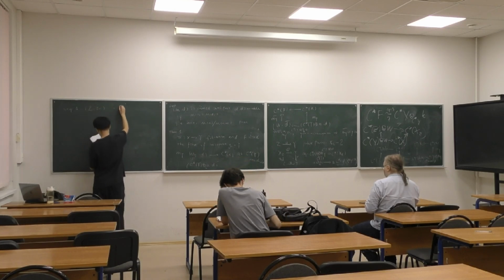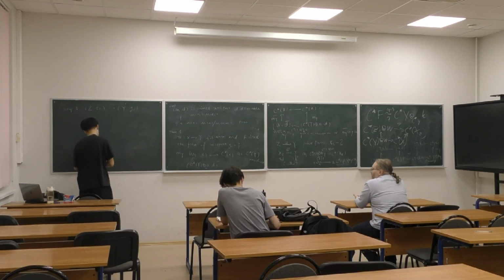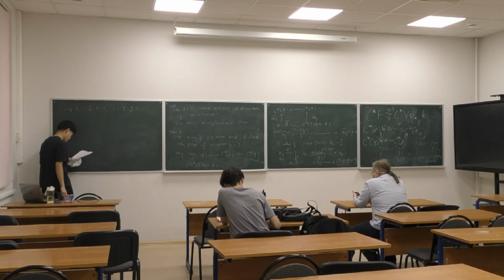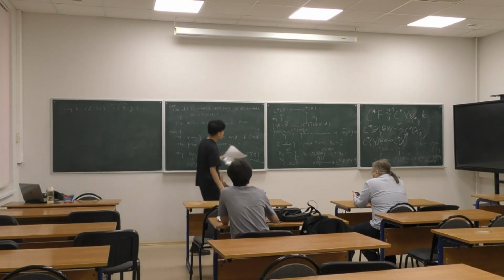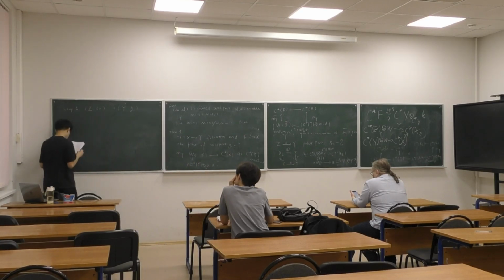We choose Z to be a CW complex and fix the base point. And you can compute this map if we know this map.